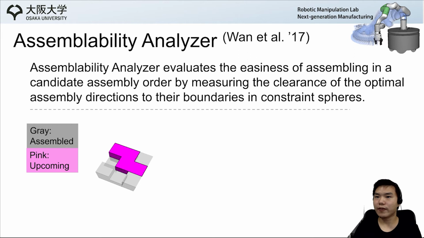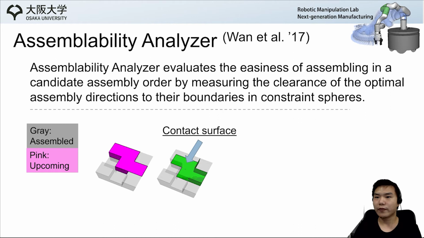Assemblability analyzer evaluates the easiness of assembly in a candidate assembly order by measuring the clearance of optimal assembly directions to their boundaries in constraint sphere. For example, the analyzer first finds the contact surfaces of the upcoming part.